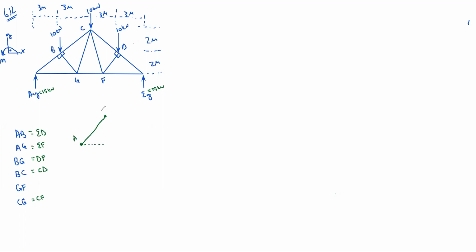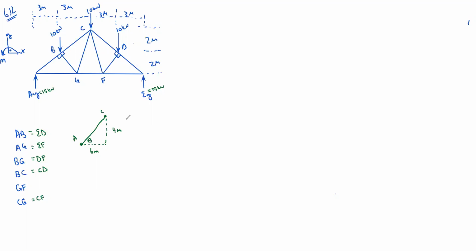So I knew a couple measurements. I knew that this height was 4 meters and that this length was 6 meters, and that's given in the problem. So 4 meters tall from point C to the horizontal, and then the horizontal distance between point A and point C is 6 meters. That allowed me to get this angle right here.